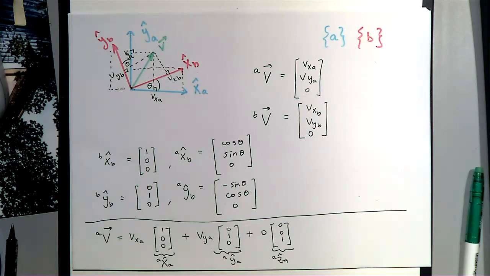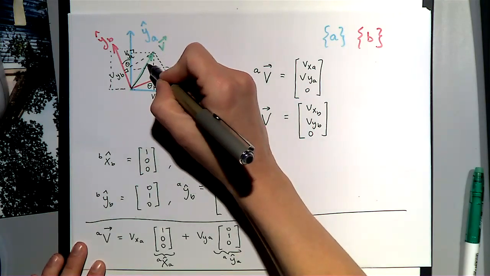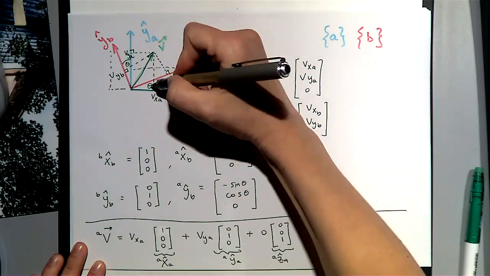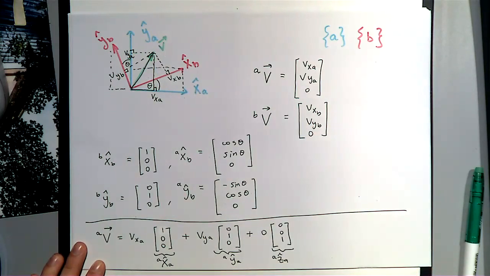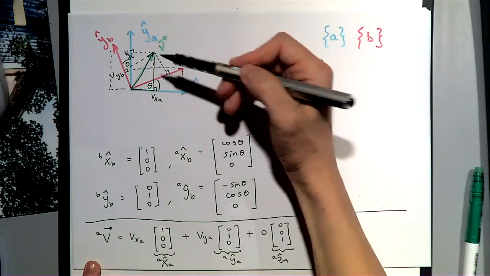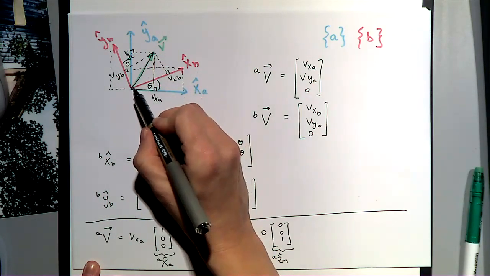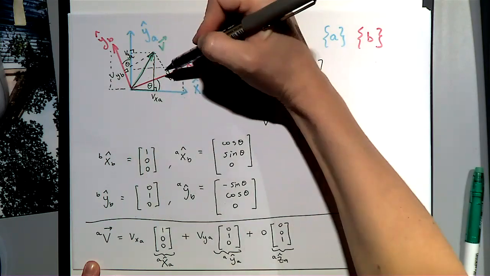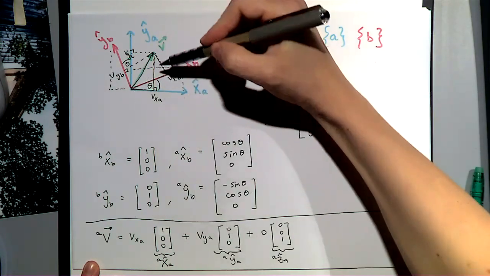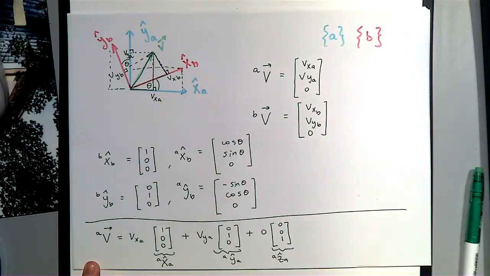Which means in order to construct this vector, I can go like that here, plus like that upwards, right? Like this. But I can also go like this and like that, right? But if I go this way, I can still use the representation in frame A. Why?